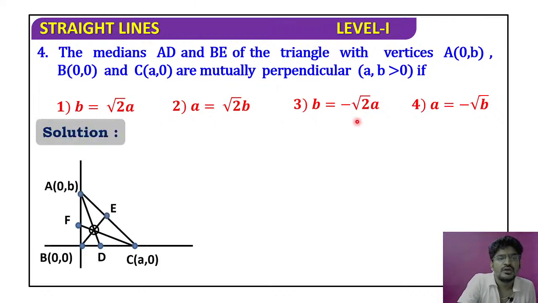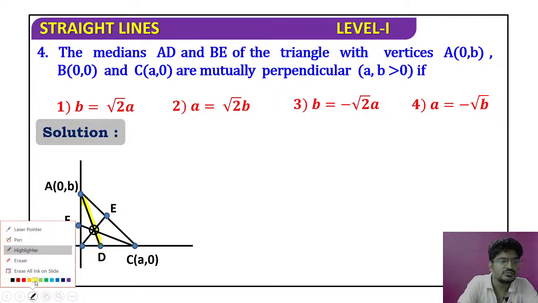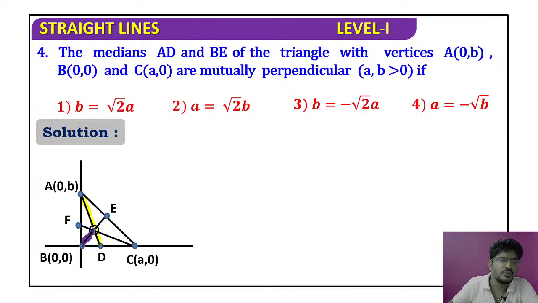Now see here. This is the diagram of your triangle ABC, and here you can see this is AD, and another one is BE.